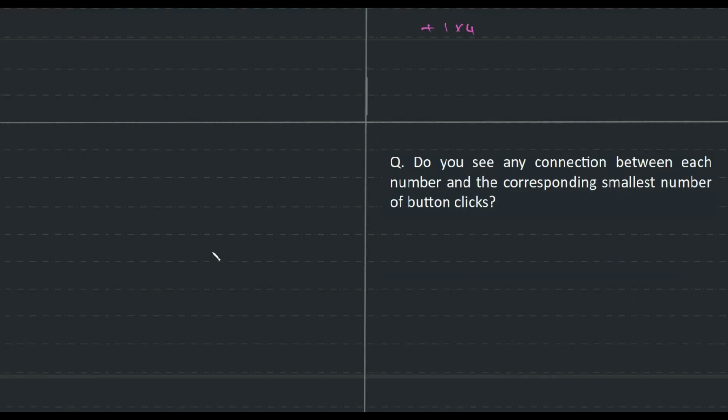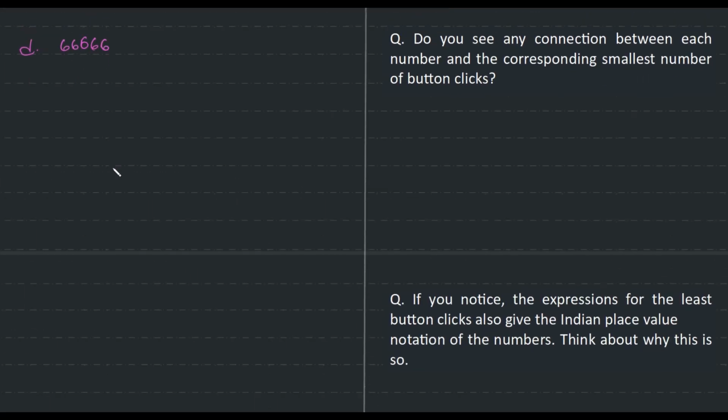Next is D, that is all 6s. So what do we end up with? We have 60,000 and then 6,000 plus 600 plus 60 plus 6. Can you see one more thing?